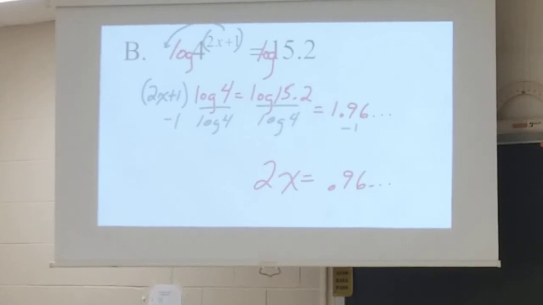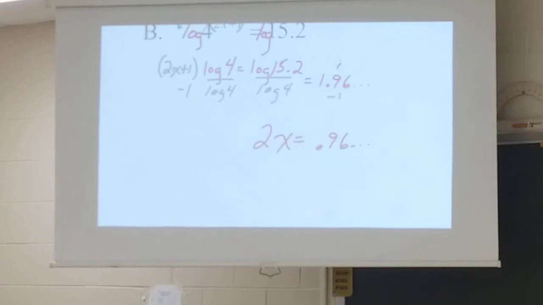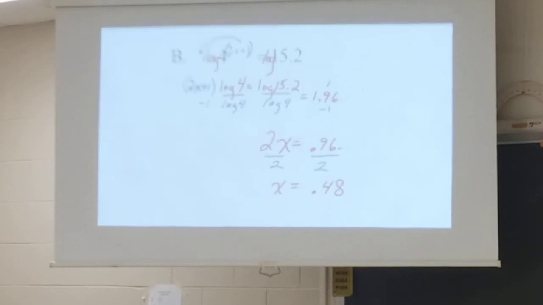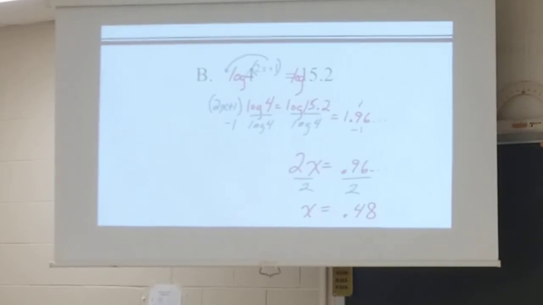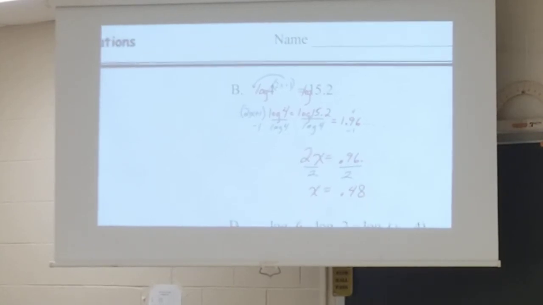And then you can divide by 2. So keeping all that on your calculator and just finishing the problem is recommended. There's no reason to round until you get to that last step. Okay, so very similar procedure. You always divide. When you take the log of both sides, you end up dividing those logs.